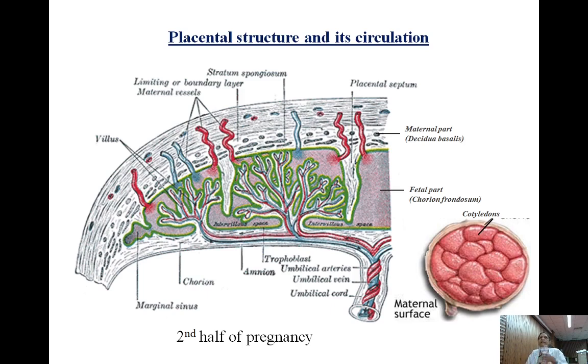And here these are the uterine arteries, the endometrial arteries, known as the spiral arteries. They are very tortuous and very much dilated, and inside these arteries the cytotrophoblast also enters and replaces the endometrium.